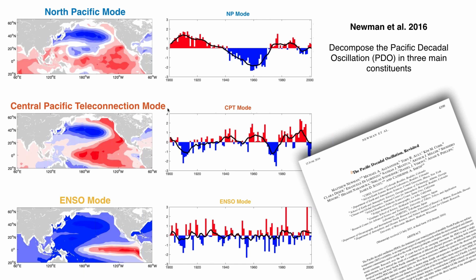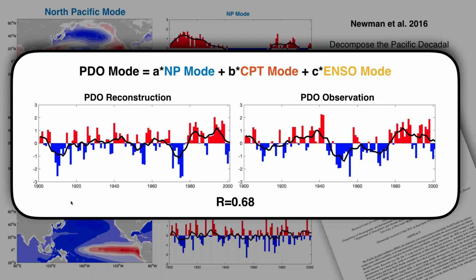First, we break down the PDO into three modes, as Newman did. The PDO decomposition produced three dominant modes which can explain the PDO. They are the North Pacific mode, the Central Pacific teleconnection mode, and the ENSO mode. By combining these three modes, we can reconstruct the PDO.